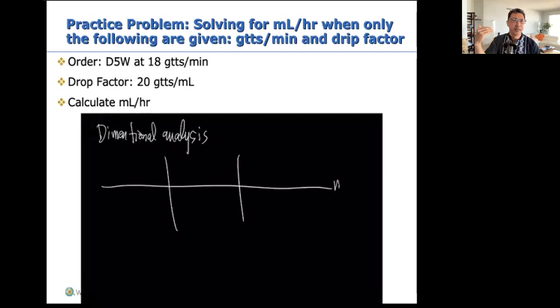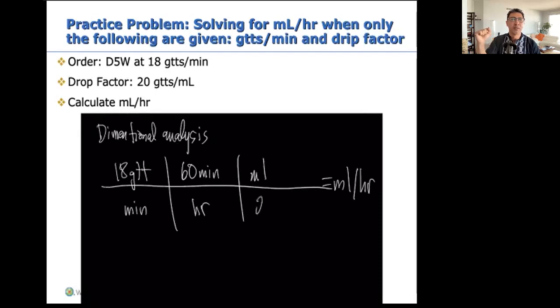Okay, so dimensional analysis, I'm going to set it up. I have 18 drips per minute. I have to convert it into hours, so I need to multiply it. 60 minutes is 1 hour. I also need to plug in my drop factor of 1 mL per 20 drops. Let's cross off some numbers here.